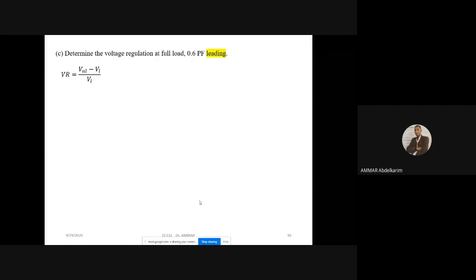But here, when we talk about the no load voltage, it's before and after connecting the load. So the voltage regulation shows the effect of connecting the load to the transformer. Depending on the type of the load, the voltage will change, maybe increase, maybe decrease.